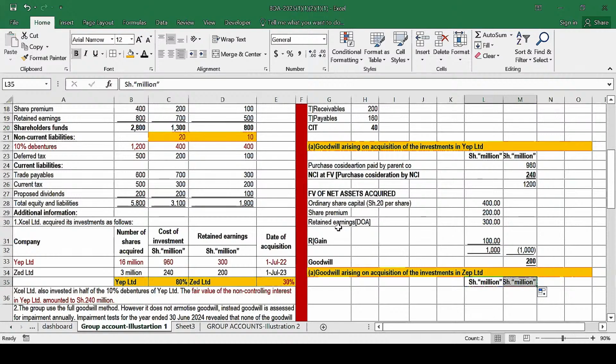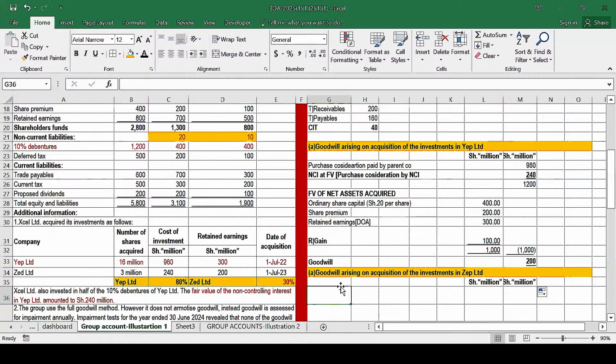So in a joint venture, we don't have NCI. The same applies to an associate. In fact, the parent company is a minority shareholder. So when computing the goodwill of an associate or a joint venture, you should know you can only use the partial goodwill method. But when computing the goodwill of a subsidiary, you can use either the full or the partial.